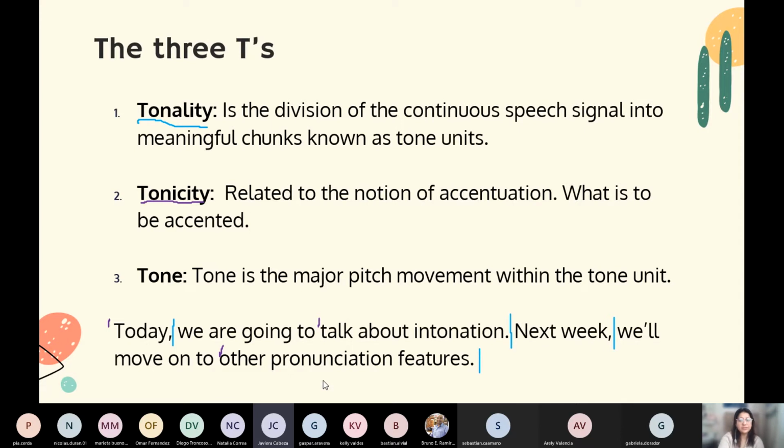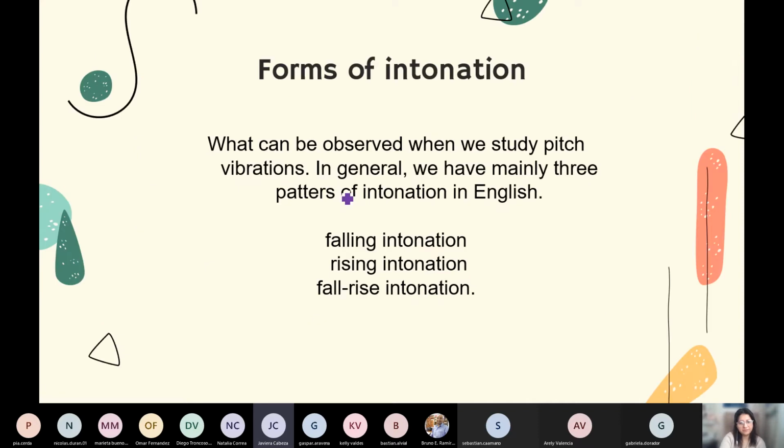And for you to understand tone better, we have now the forms of intonation. And these are the tones. We can observe them when we study pitch vibrations.